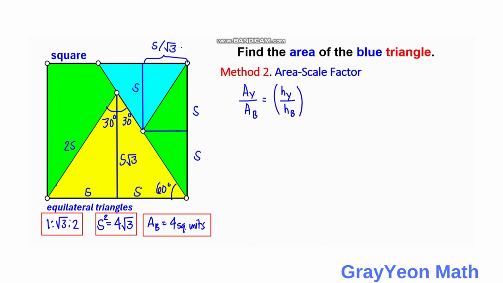The ratio of the area is equal to the ratio of the lengths, height of the yellow over height of the blue, squared. That is the formula for the area scale factor: the ratio of the areas is equal to the ratio of the lengths squared.